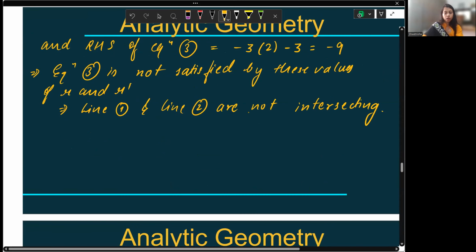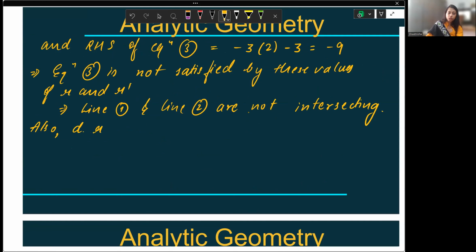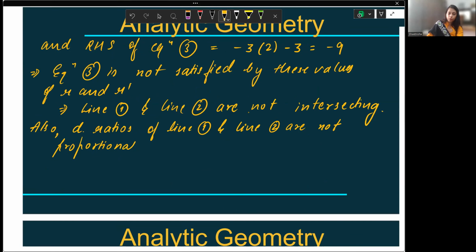So the direction ratios of line 1 and line 2 are not proportional, which implies that line 1 and line 2 are skew lines.